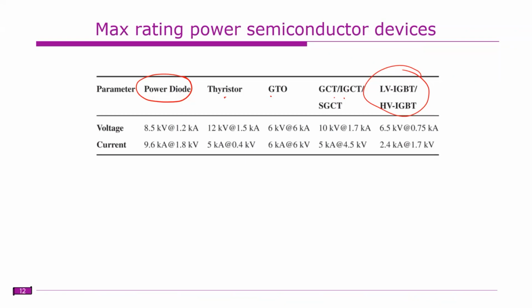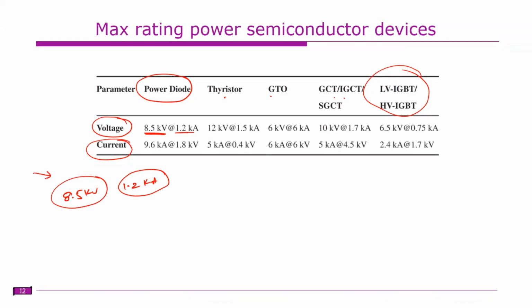So voltage is one parameter and current is the other. The power diode available right now can withstand up to 8.5 kV and can carry a current of 1.2 kiloamperes.